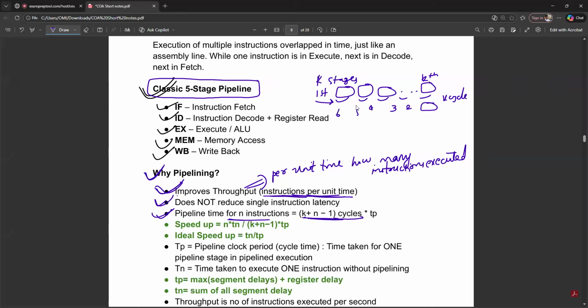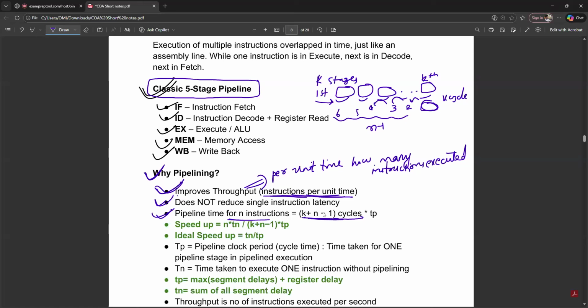Because of pipelining, all these stages are free. So as soon as the first instruction reaches the last stage, the second instruction reaches the previous stage, the third its previous, the fourth its previous. For the remaining n minus one instructions, it will take one cycle each.